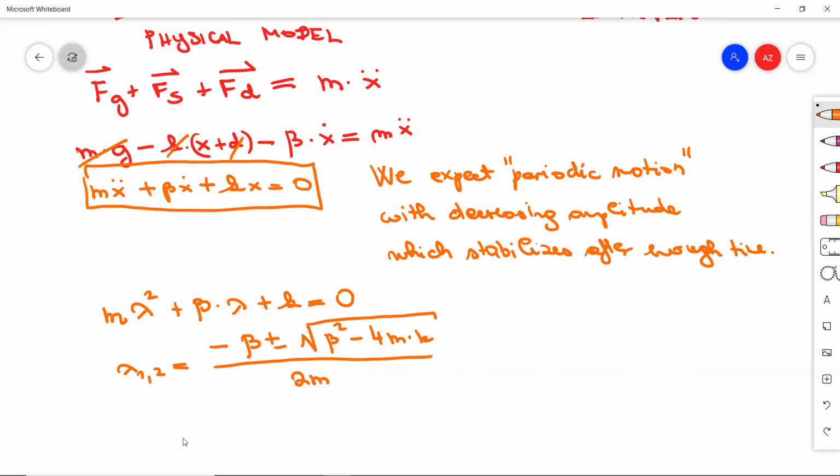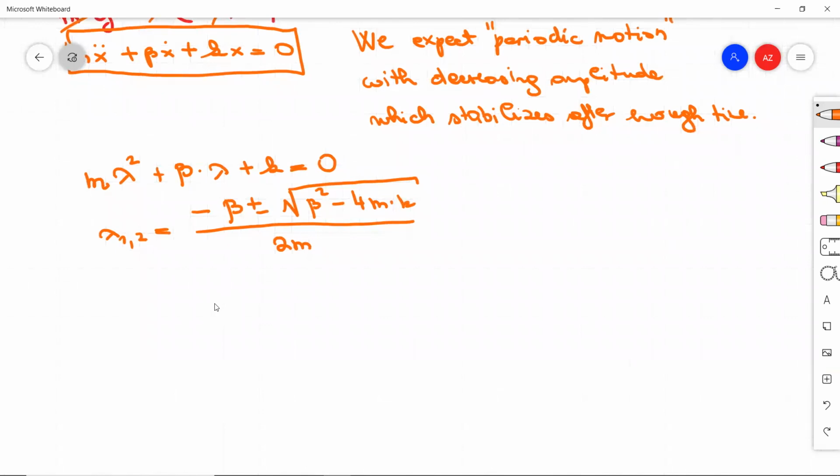So here I'm using the formula for the roots of the quadratic equation. I said that we will have three different behaviors. What did I have in mind? According to the roots of this quadratic equation.